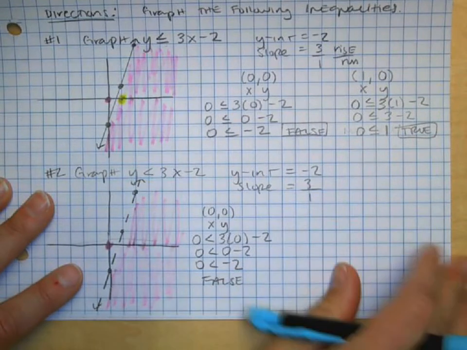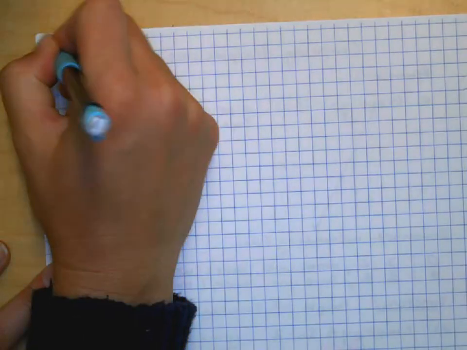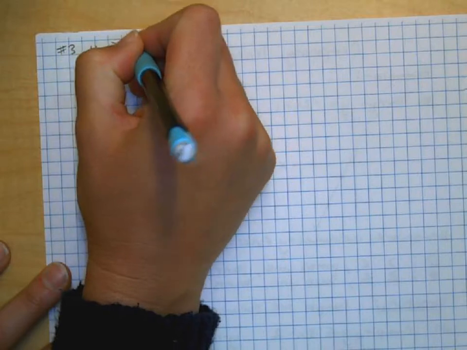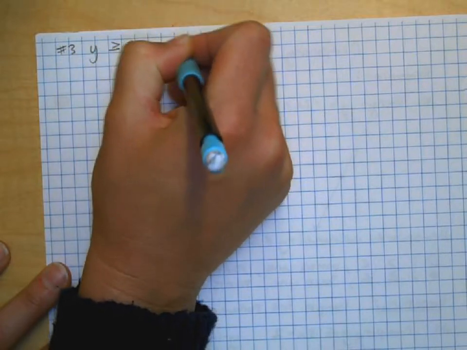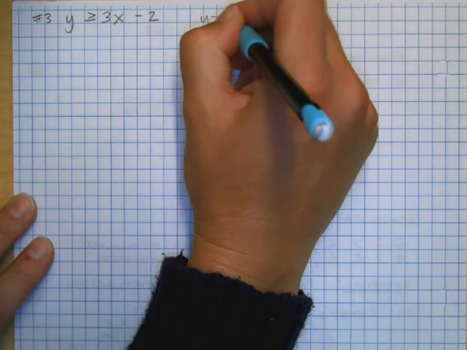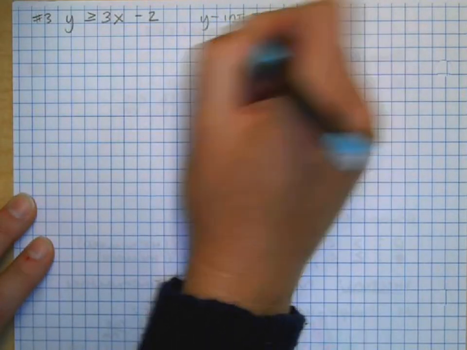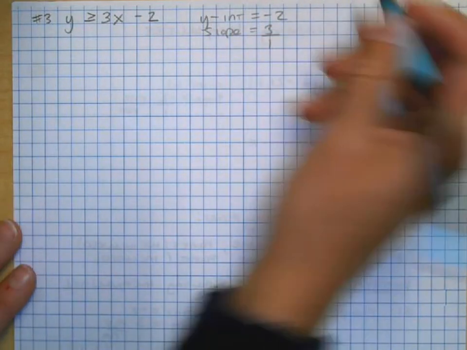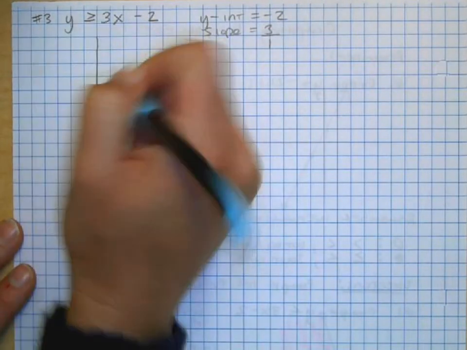Okay, so let's do our last 2 examples here. We're going to be using the same graph. So y is now greater than or equal to 3x minus 2. We are going to do our y-intercept, which equals negative 2, and our slope, which is equal to 3 over 1 again.